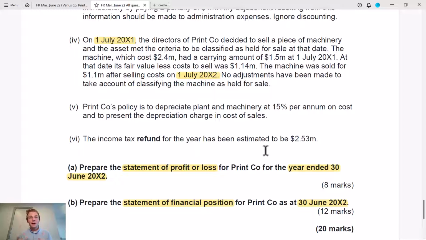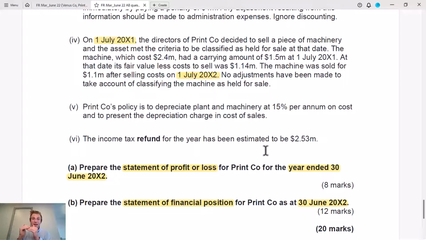So this is where it tests your financial reporting knowledge and those technical articles on ACCA's website, where what we have here is a non-current asset within the statement of financial position that we now need to change and reclassify because it's a non-current asset held for sale. We know it is going to be sold the day after the year end of the 30th of June 2002, and on the 1st of July 2002 it will be sold.